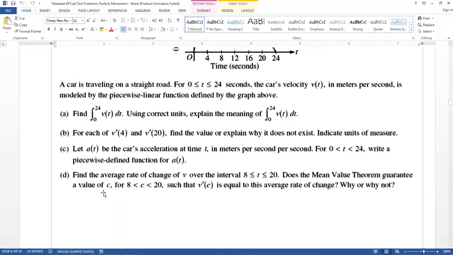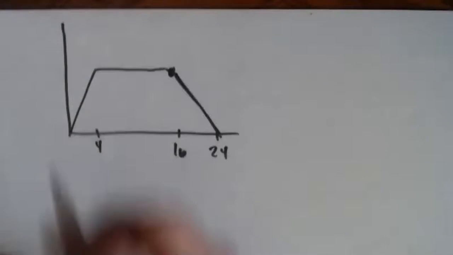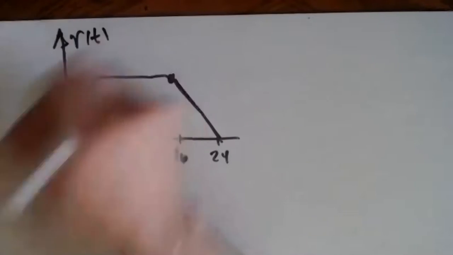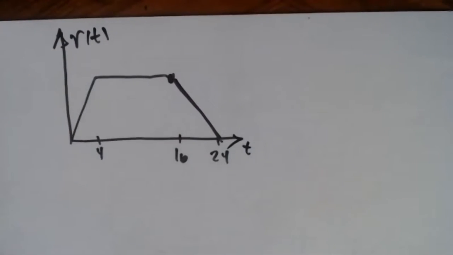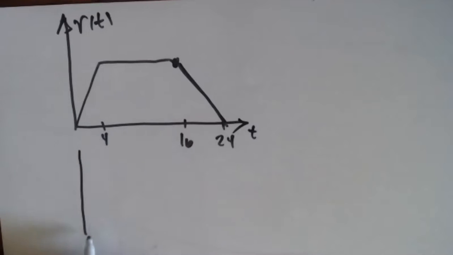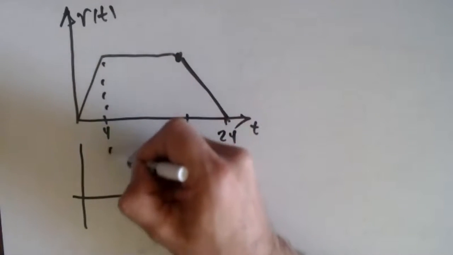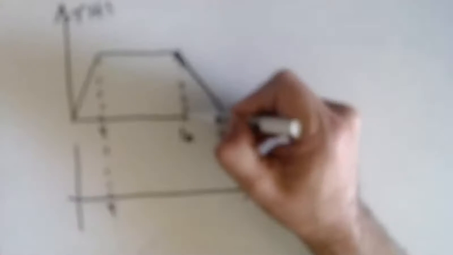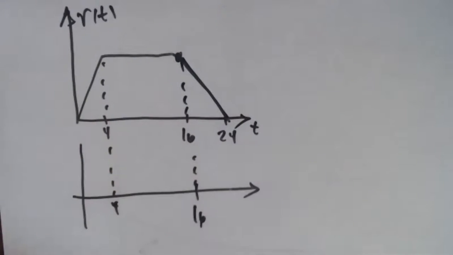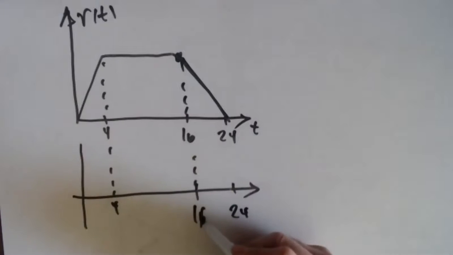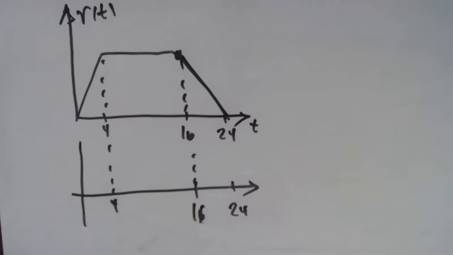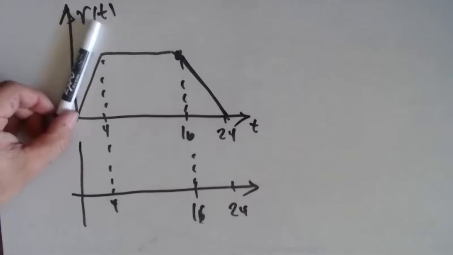Okay, let me just share what I drew. This is B of t, correct? And this is the time. Now, I'm going to put here another graph that is going to be parallel to this. This is going to be the point 4, this is going to be the point 16, and this is 24, okay? Now, if you take the derivative of this portion, what do you get? 4.